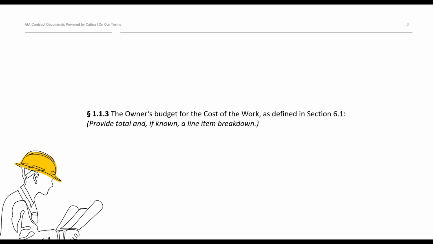And as with all of our other initial information sections, the more detail that can be provided here, the better. Discussing the budget in the initial information section gives the parties the opportunity to understand all of the elements that are included and, possibly more importantly, not included in the budget. I think one of the preceding sections is the owner's program.